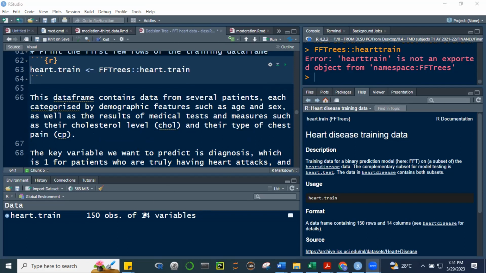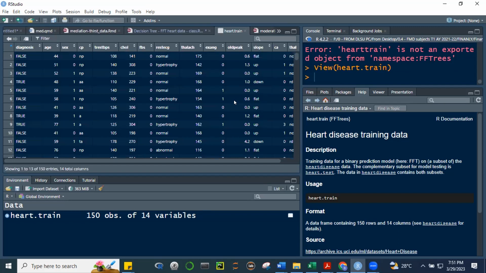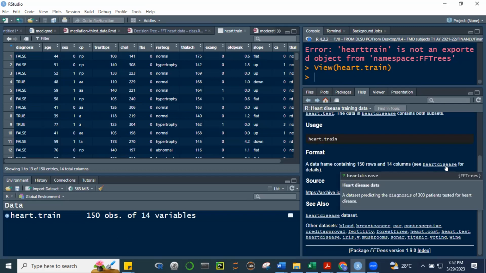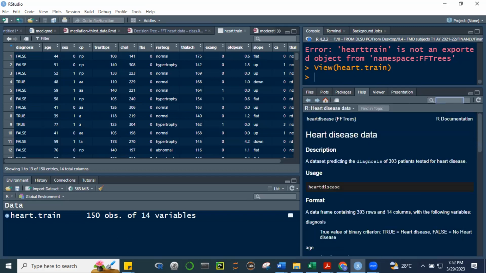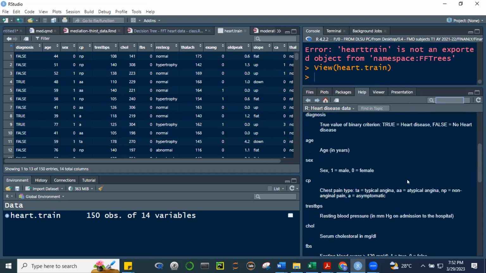Okay, so let's first take a look. Let's study our data first. Tingnan natin kung anong laman nito. Okay. 14 total columns. No? So we have here 14 variables. Tingnan ko dito yung usage natin. Heart.train. Tingnan natin yung see heart disease for details. So ano yung mga laman niya? Andiyan yung age, gender, chest pain is CP.